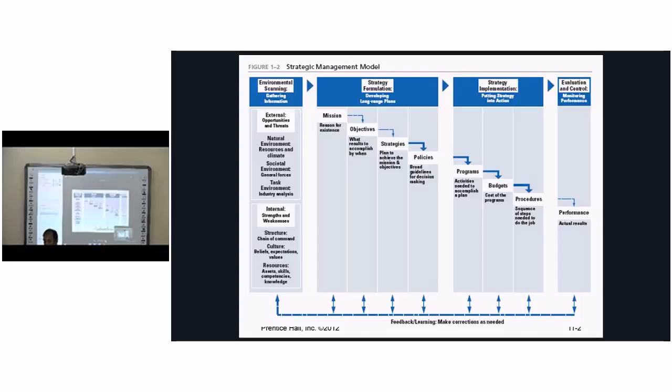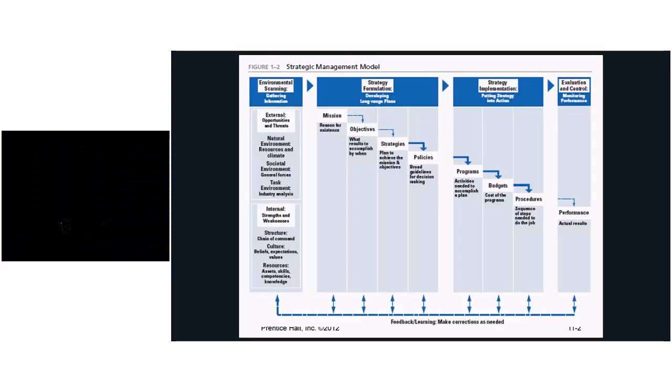Now, periodically, you need to measure this particular objective to check whether you are going to reach there or not, which is what is known as, in very brief terms, evaluation and control. We monitor performance against the actual results, and we take corrective action.